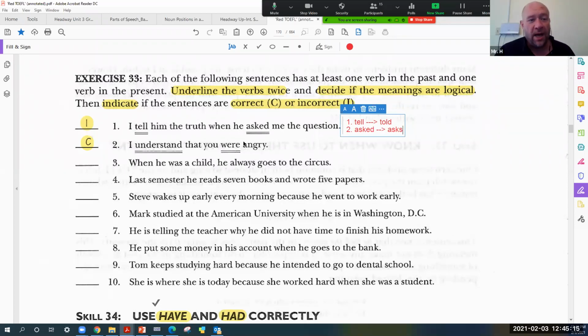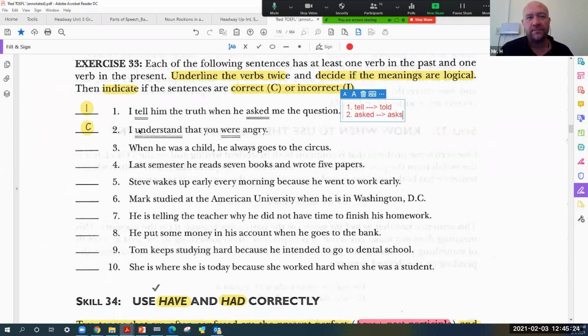Okay. Suhaib Halawani, why is number 2 correct? Don't read it. Just explain the reason why it's correct.